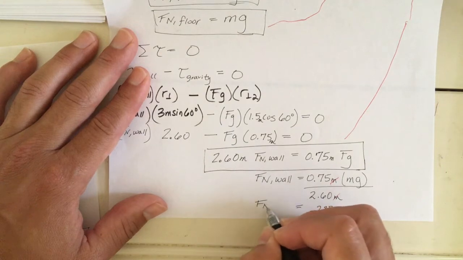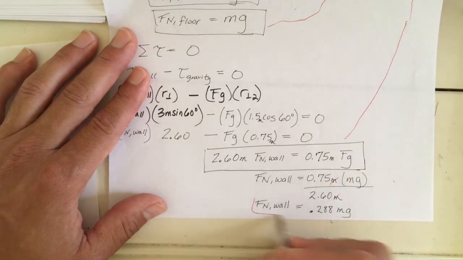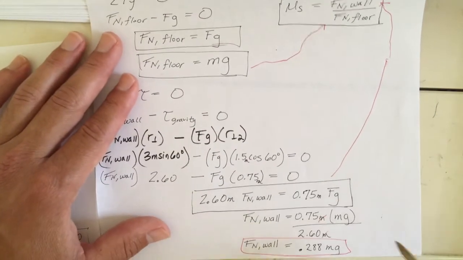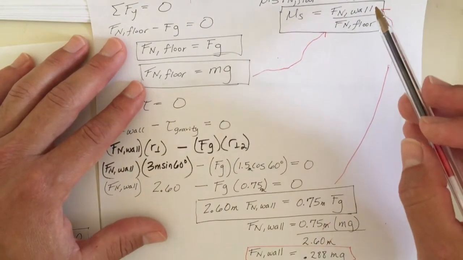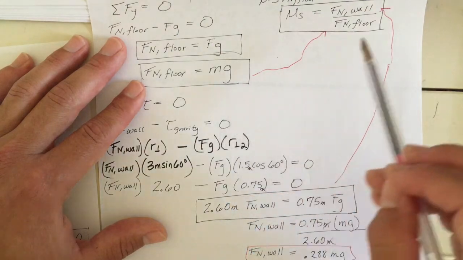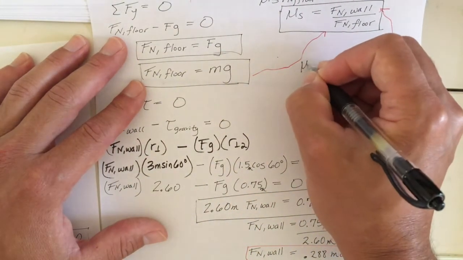All right, you guys hopefully can start to see what's going on here. We're going to sub in 0.288 mg for the force normal wall. We're going to sub in Fn floor, just mg, so it's going to look like this.